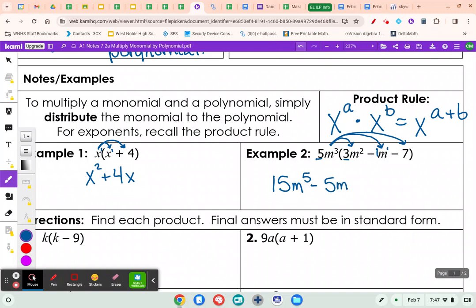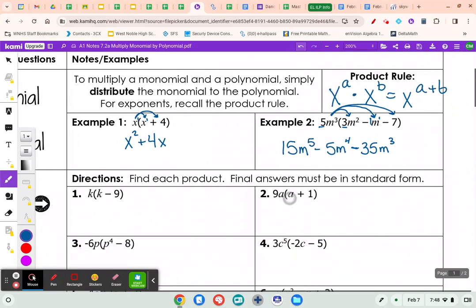M to the, add 3 and 1, you get 4. And then you multiply 5m cubed times negative 7. So you get negative 35m cubed. Now we've discussed making sure everything is in standard form, so the biggest exponent to the smallest exponent, and these are already in standard form. We don't have to rewrite them, so we're good to go there.